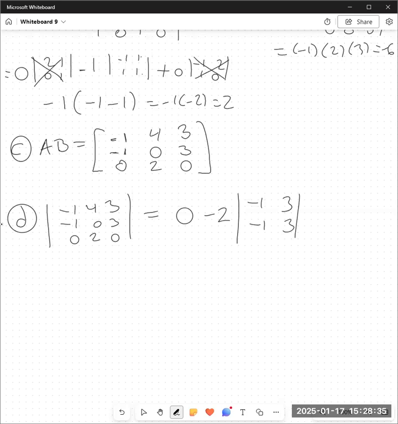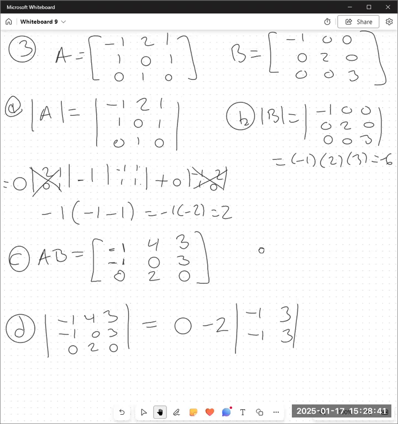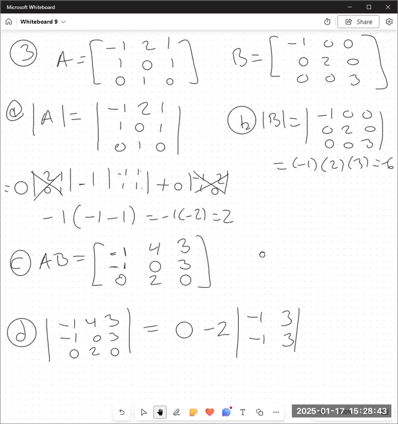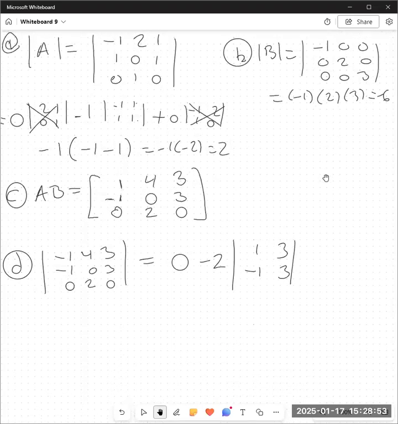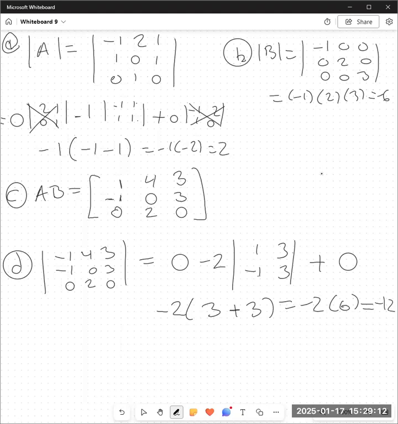It should be a 1, not a negative 1, since negative 1 times negative 1 is a positive 1. Plus 0. So that's negative 2 times 1 times 3 is 3, minus 3 times negative 1 is a negative 3. So negative 2 times 6 is a negative 12.